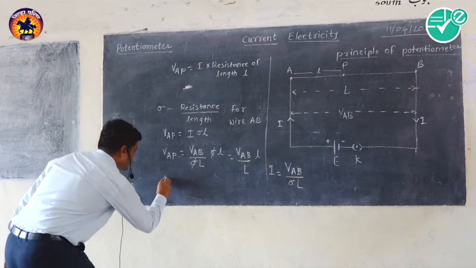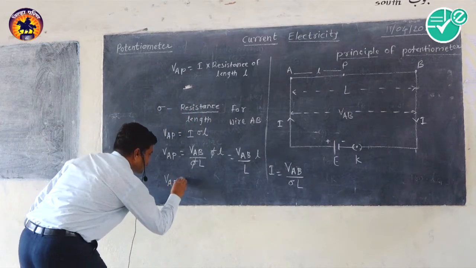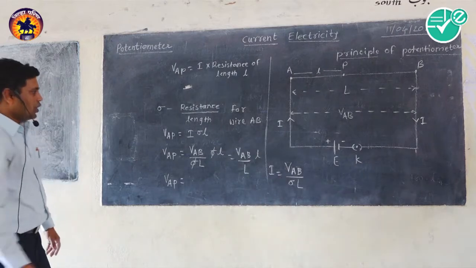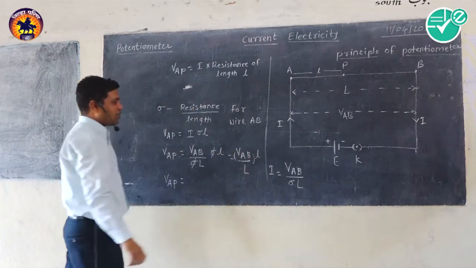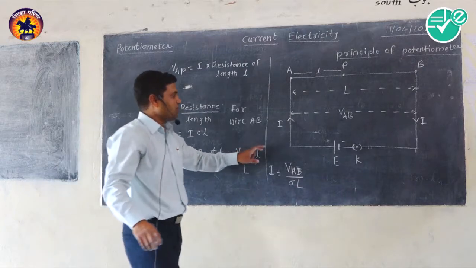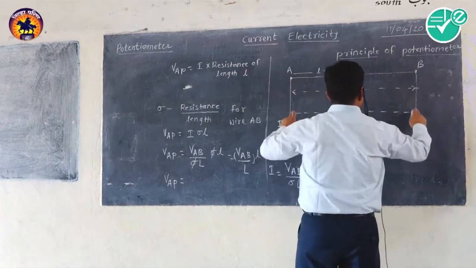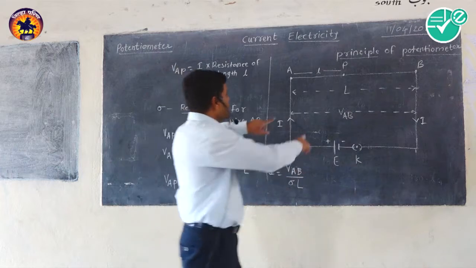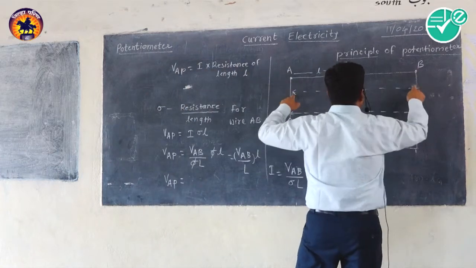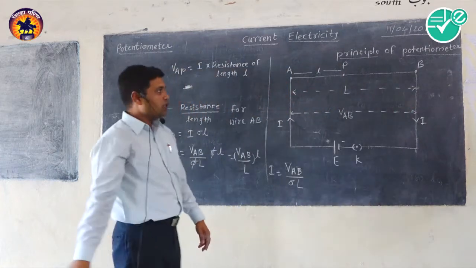Therefore, potential across AP is equal to this term. Potential across AB is a constant which never changes, and the length L of wire AB is also the same.